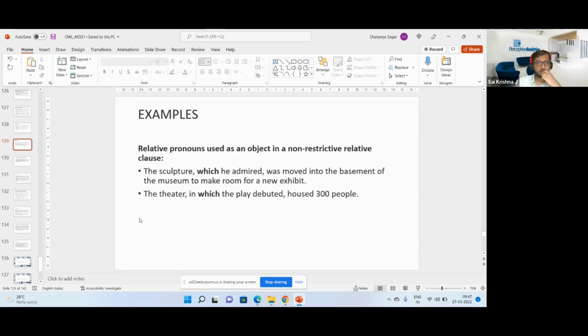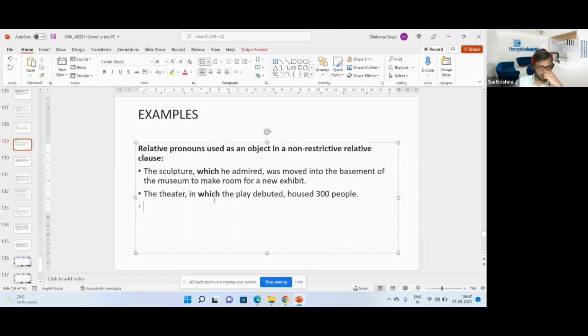On this, one point, I think even in the first sentence, when we say which he admired, that part, I think you call that an adjunct or something, that non-essential information. Even though there is non-essential information, when you put it in, the subject remains the sculpture.